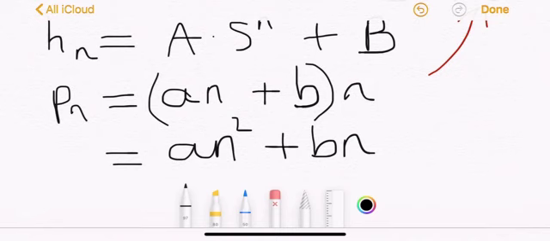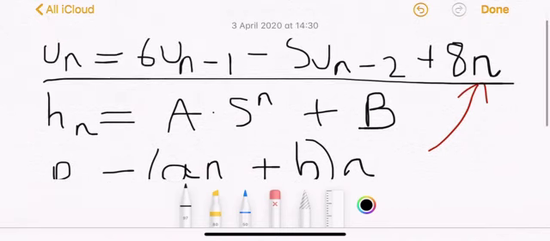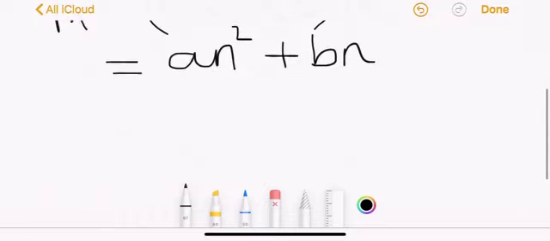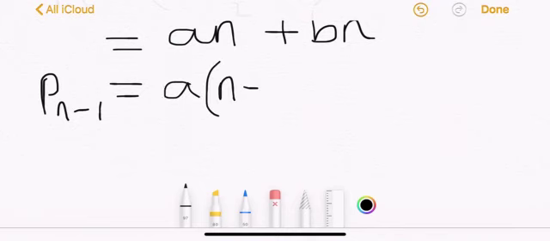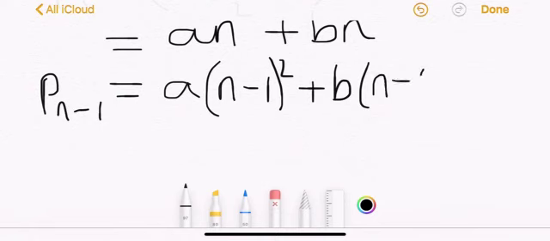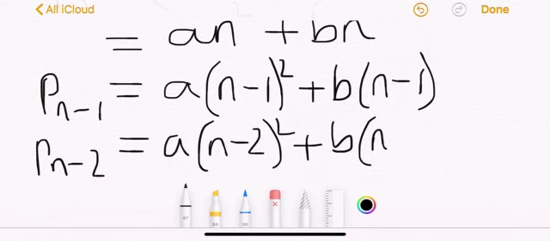Okay, so let's think about substituting that into this recurrence relationship. So what is P_{n-1}? Well, P_{n-1} is a(n-1) squared plus b(n-1), and P_{n-2} is a(n-2) squared plus b(n-2).